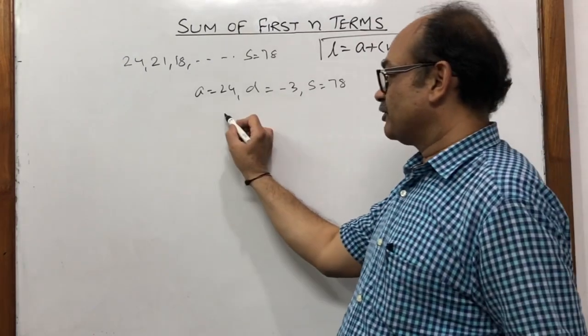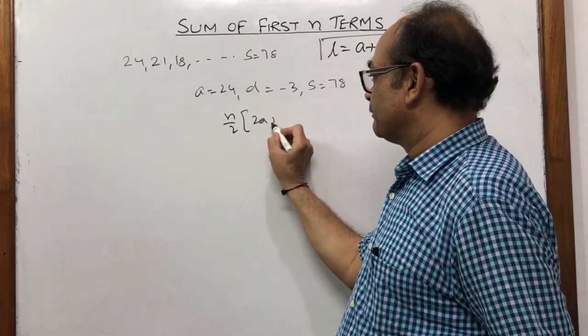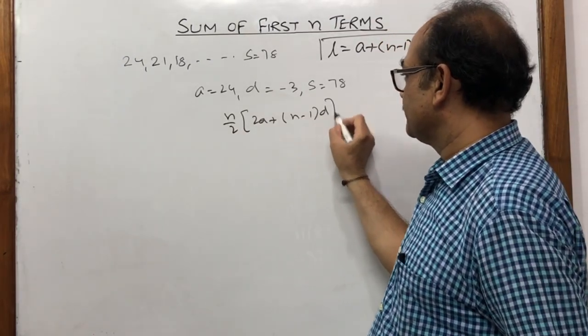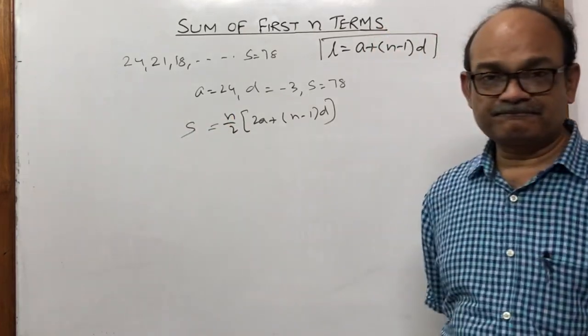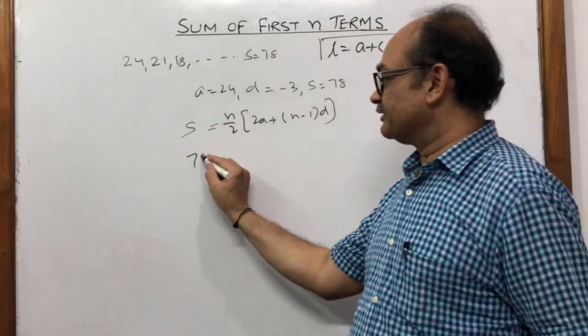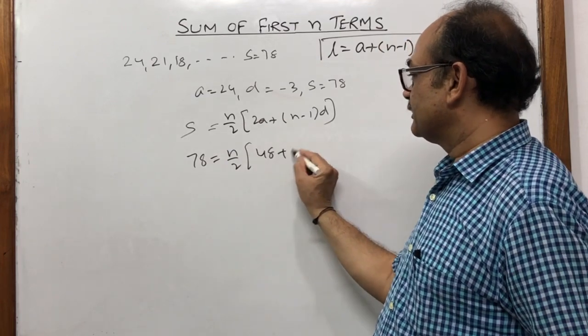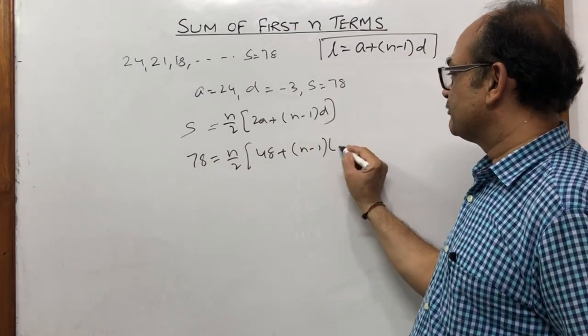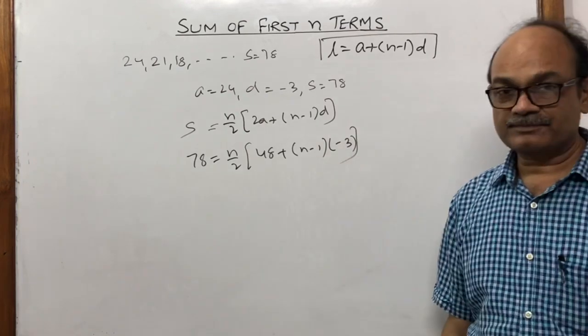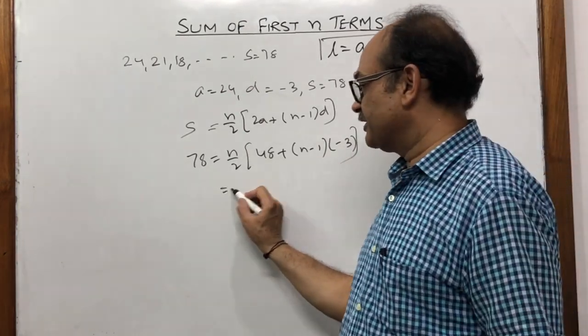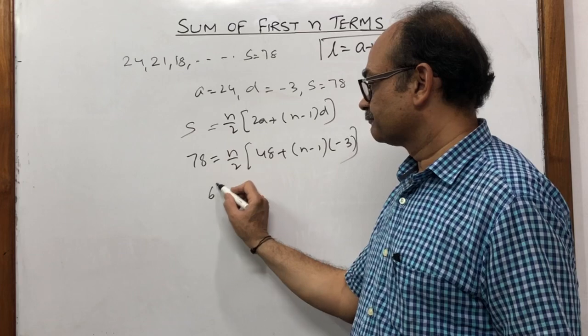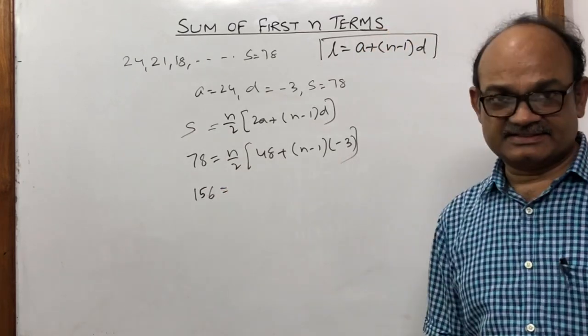So first we write the formula: N by 2 into 2A plus N minus 1 into D is S. S is given to you as 78. N by 2, 2A means 48, N minus 1, and D is given as minus 3. Expand it. 78 into 2 is 156.